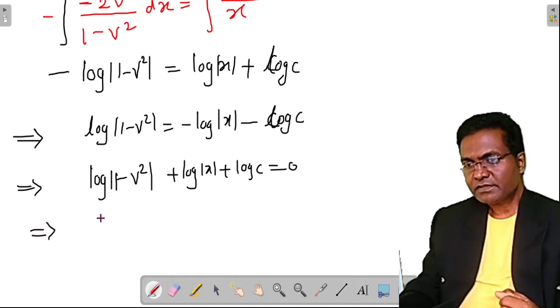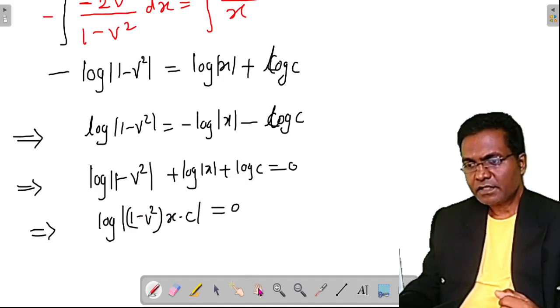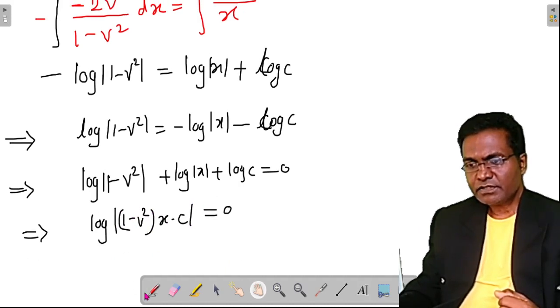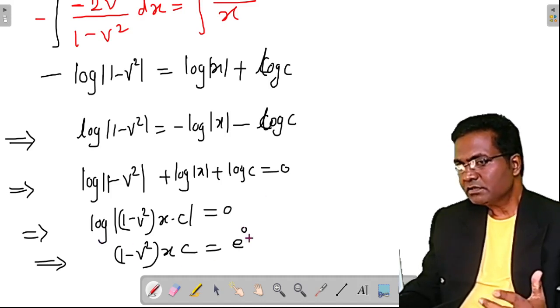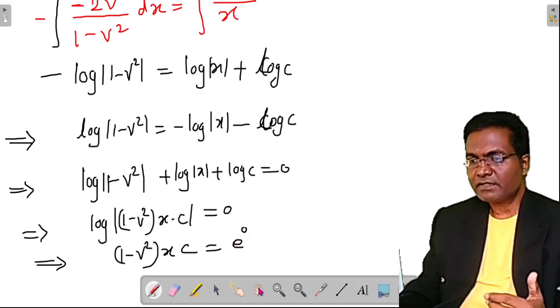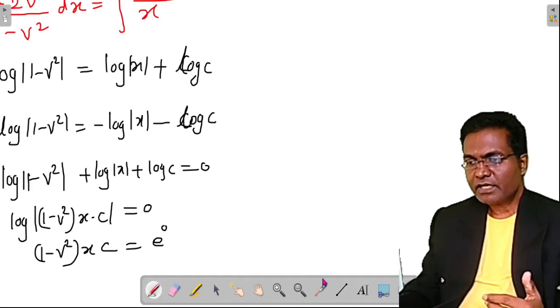This implies, log m plus log n plus log p is the log of the product. So this implies (1 minus v square) into x into c is equal to e power 0. If you remove the log, on the other side you write e power 0, and e power 0 is 1.